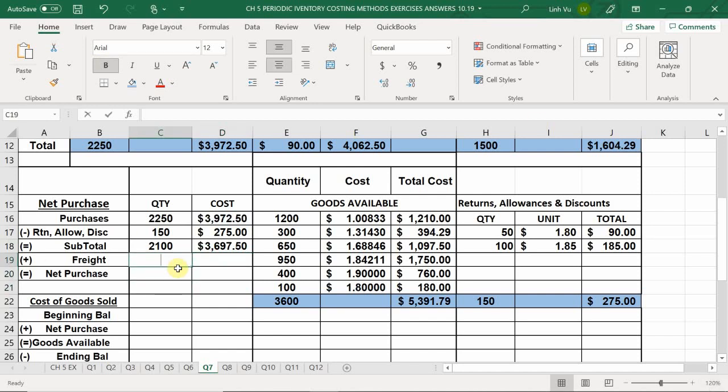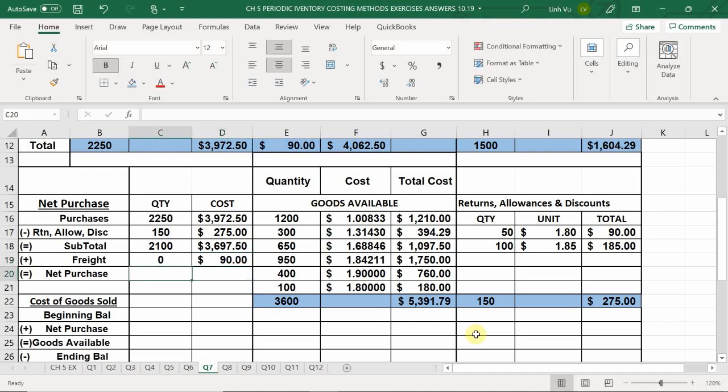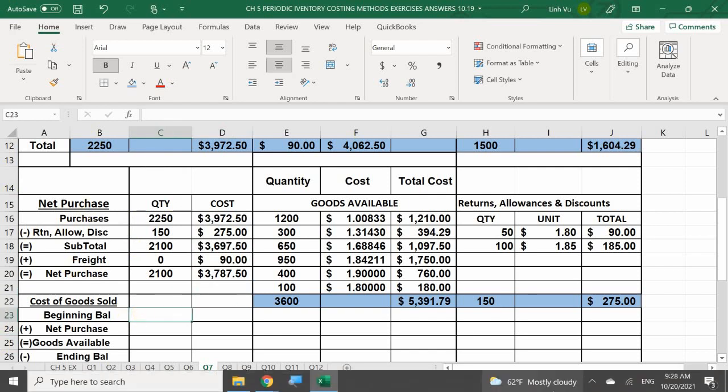Once again, freight adds nothing to quantity, but what was my total freight? 90. So that should give me my total net purchases of 2,100 units at a grand total of $3,787.50. Right?